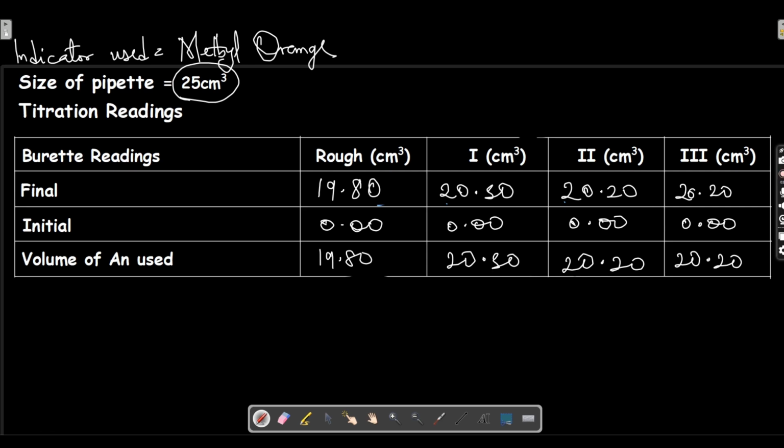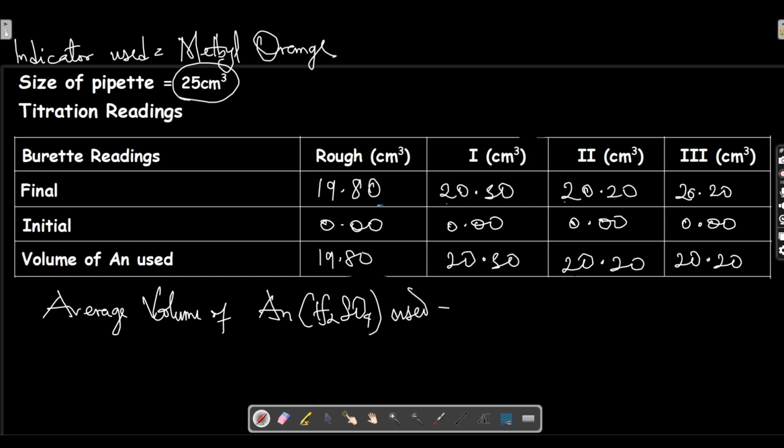All right, so now we go over to calculate the average volume of AN, which is your sulfuric acid used. You look for the closest values, the two concordant values. In this case I'll be going with this and this. I don't want to take these two because I didn't conduct this last one, but ensure you do that when you have enough time.